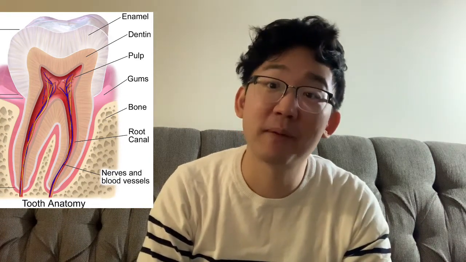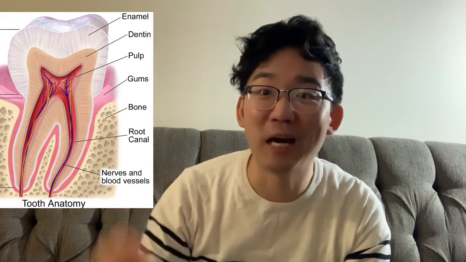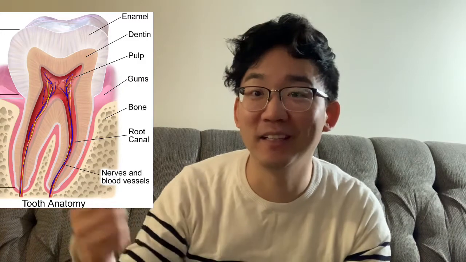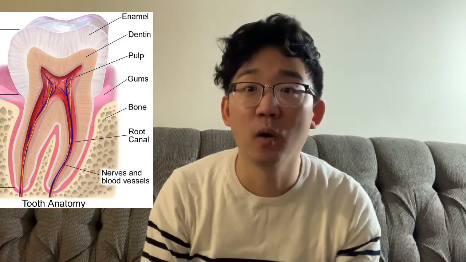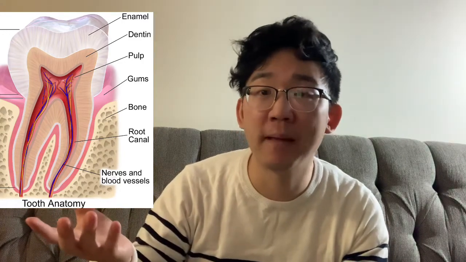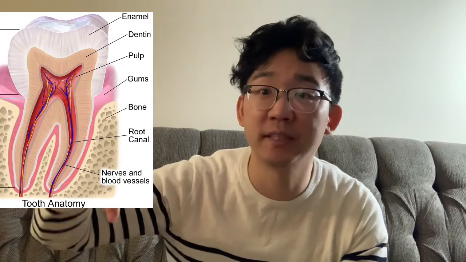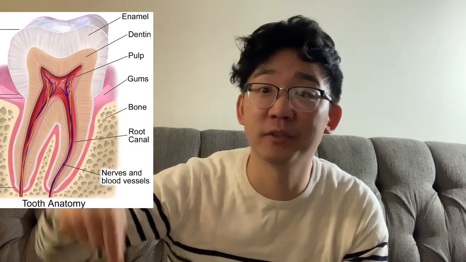That bacteria should not be within your tooth. It can be outside in the enamel part of it, but it cannot be in there. Once the bad bacteria reaches the dentin, it's really irreversible unless the dentist goes in and drills the tooth.